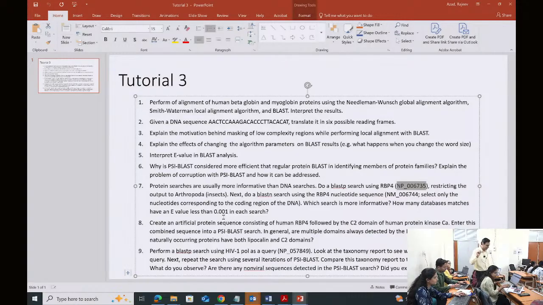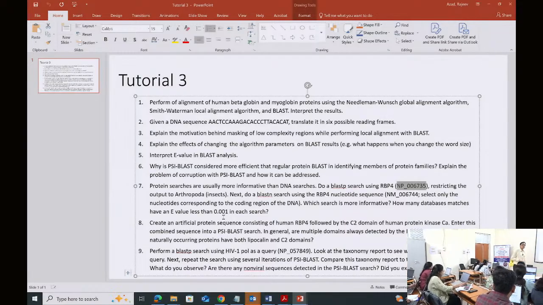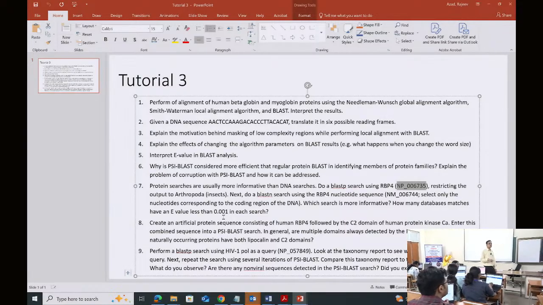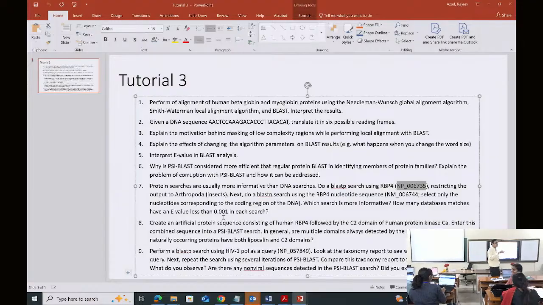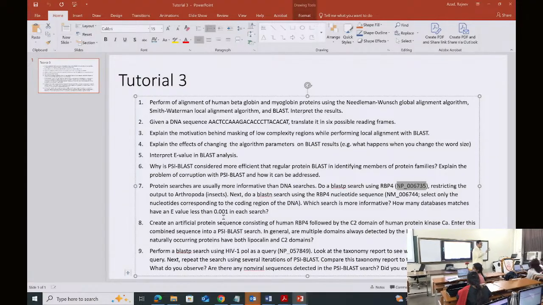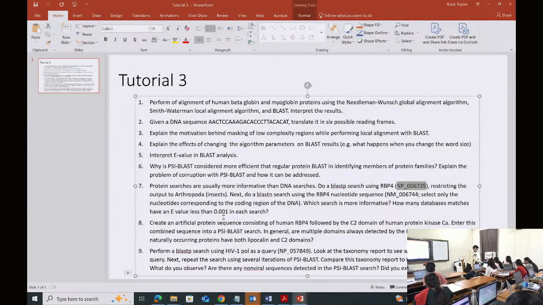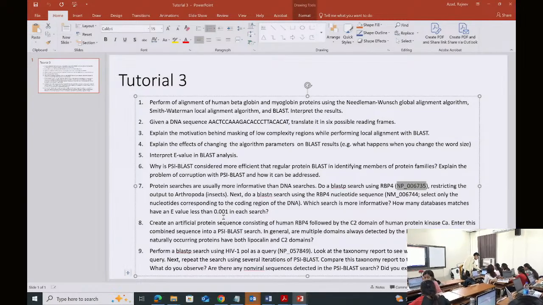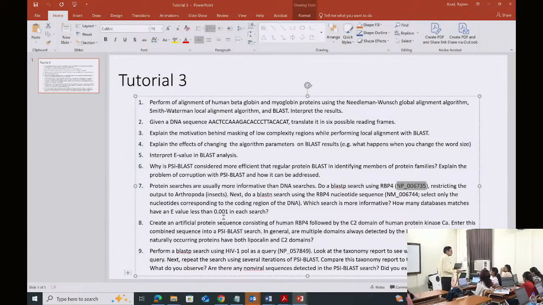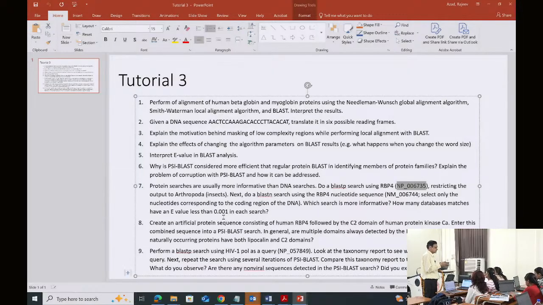Okay, 7. Oh. So what was the problem? Arthropoda was not selected. That was the problem. Okay, okay, done, done. Okay, yes. What is the meaning of E value coming this way? It's 9E dash. Oh, so 9 multiplied by 10 power minus 9. This is what it means. Okay.